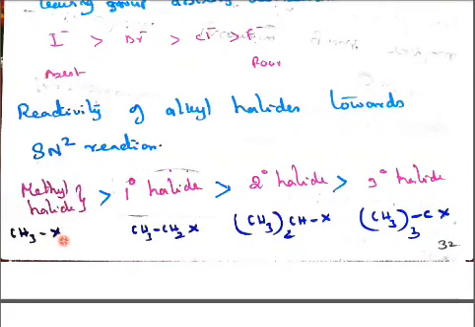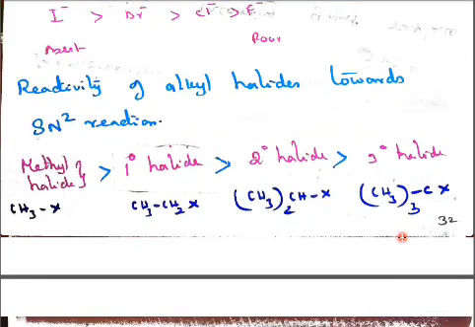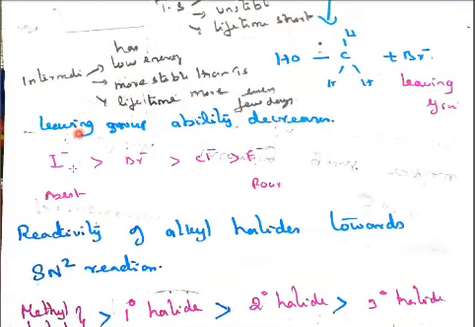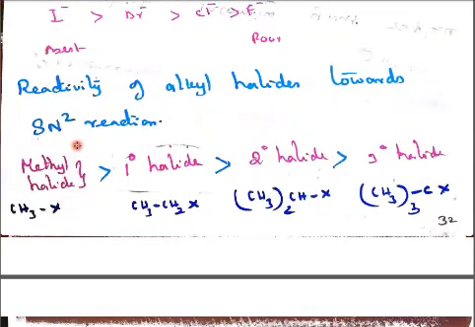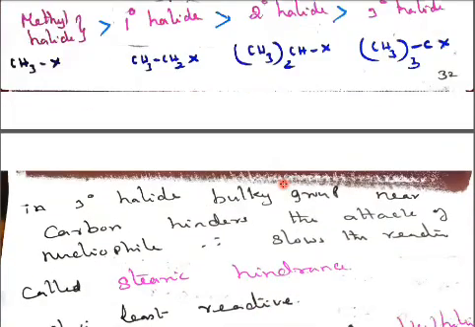CH3X is the example for methyl halide, primary halide CH3CH2X, secondary halide (CH3)2CHX, tertiary halide (CH3)3CX. So I minus is the best leaving group and methyl halide is the best substrate for SN2. For SN2, primary is greater than secondary, greater than tertiary.